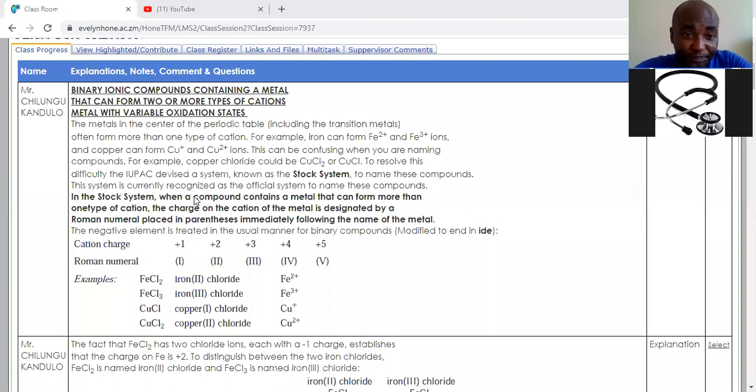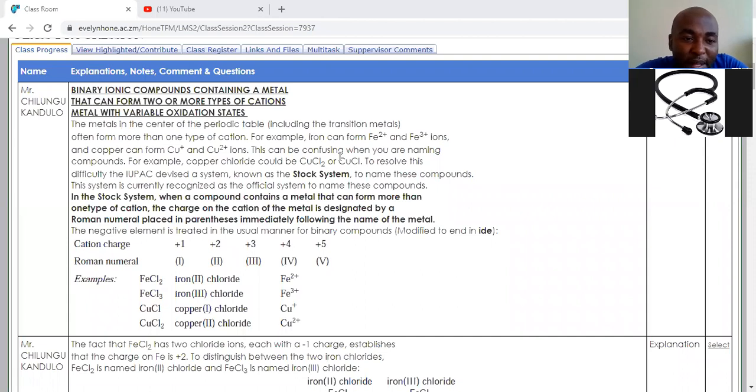It is okay. So those ones at the center of the periodic table, I think you've seen them. They have variable oxidation states. So our idea is that we should be able to name them accurately. So examples are that there are two types of ions, which are Fe2+, which is iron 2, and Fe3+, which is iron 3.